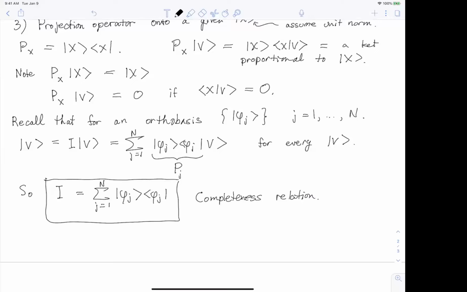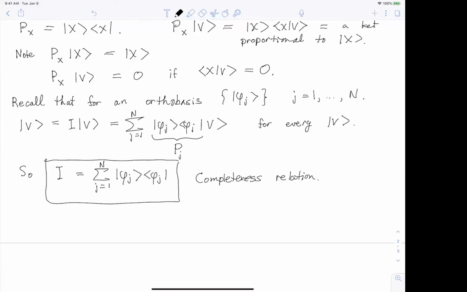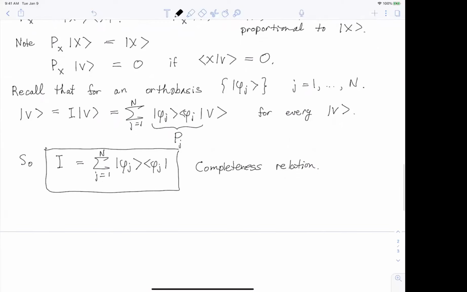Okay, and what it says is, if you're given an ortho basis, then here is a neat way of writing the identity operator in terms of the ortho basis. You sum from 1 to n of the ket and the bra for each ortho basis element, and that's guaranteed to be the identity operator, which I could write also just like this, the sum from j equals 1 to n of P sub j.